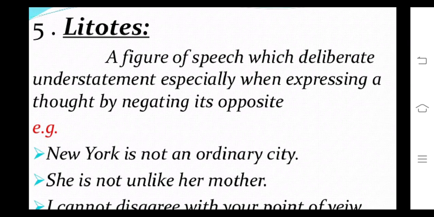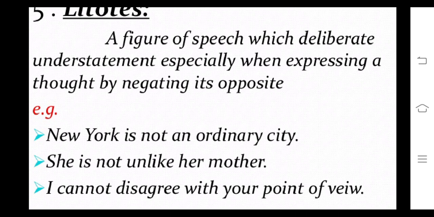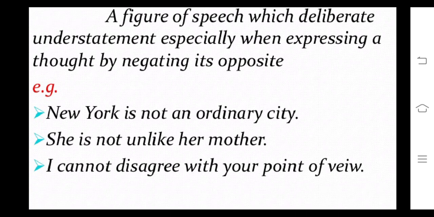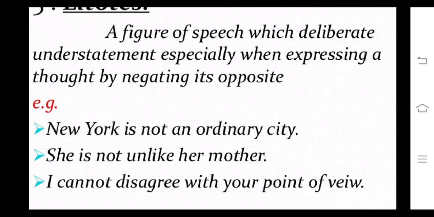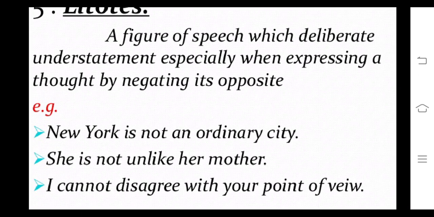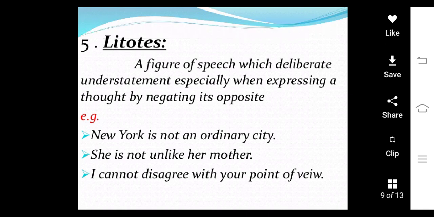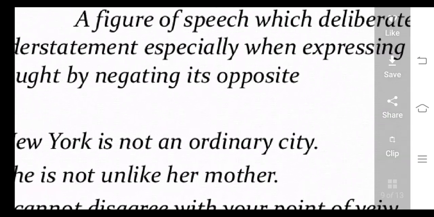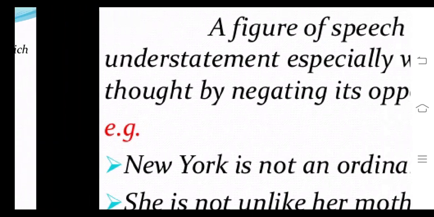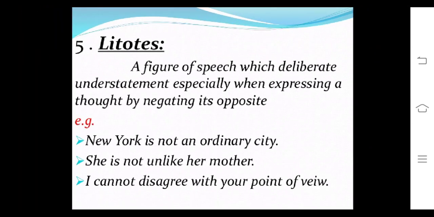Examples: New York is not an ordinary city, she is not unlike her mother, I can't disagree with your point of view. So in a sentence, the thing comes in an opposite way. Litotes is expressing a thought by negating its opposite.